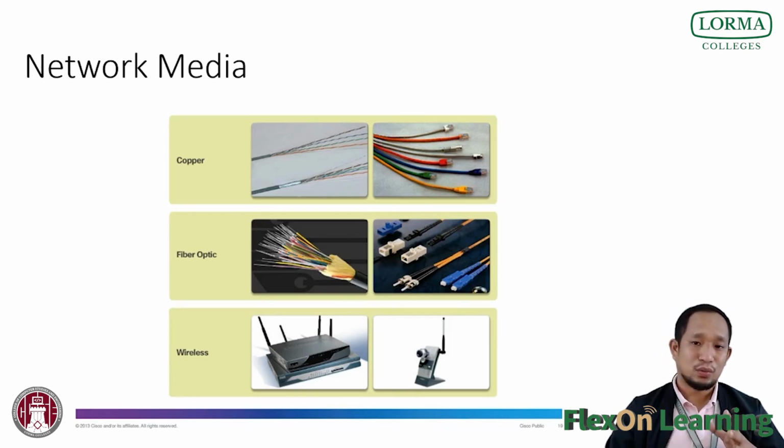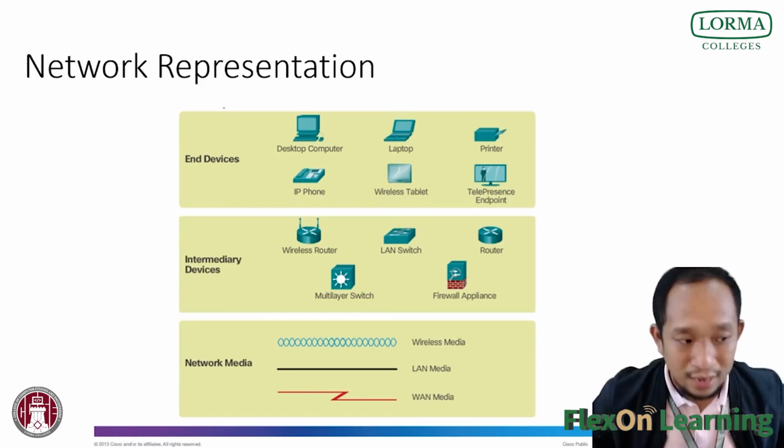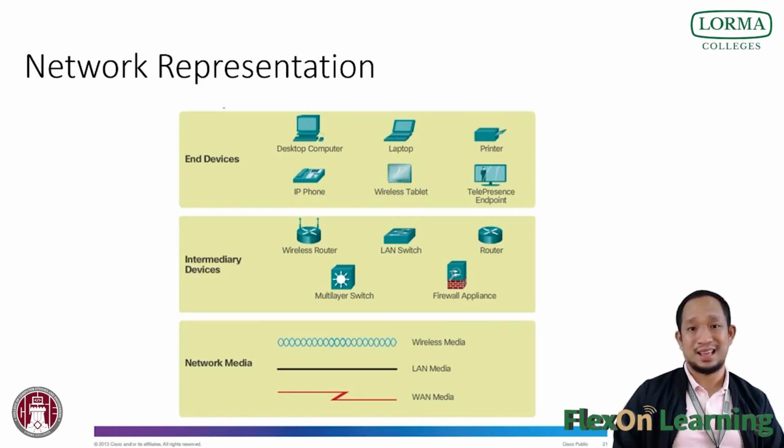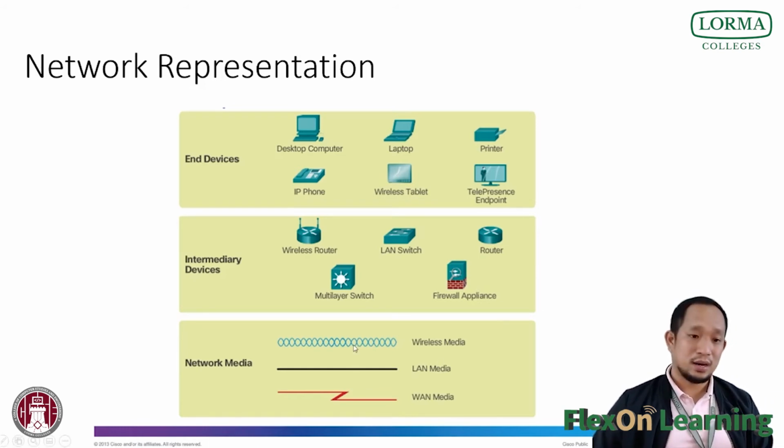Let me show you our network representation when we are now using our Packet Tracer. So we have three as discussed. So these are now the network representation. The one that wasn't discussed a while ago is our network media. So our network media, we have three, as you can see here.